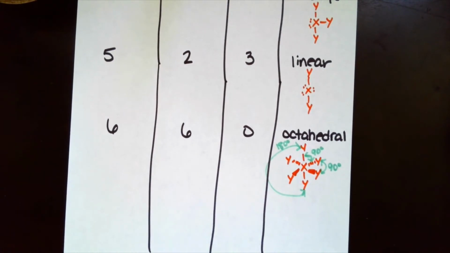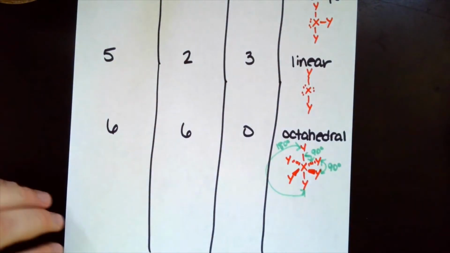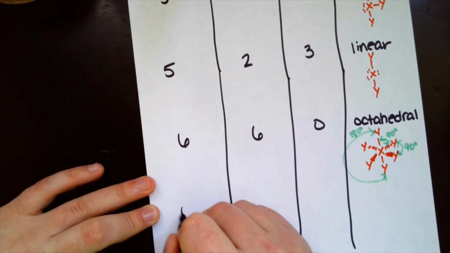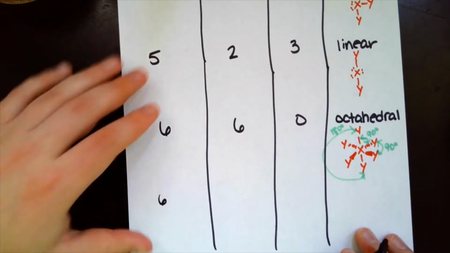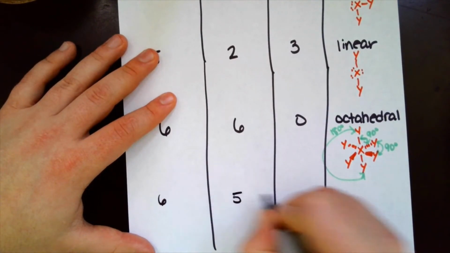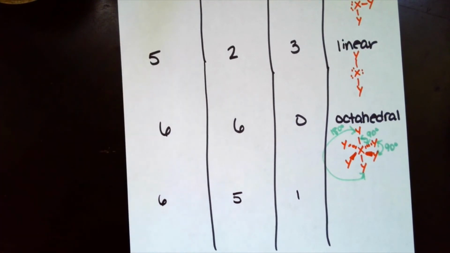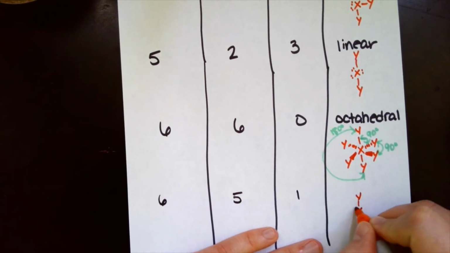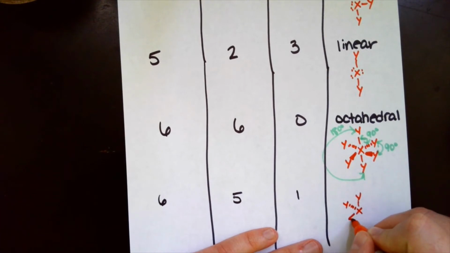Okay. Now, our first derivation from that for 6 domains. I'm going to be close on room on the paper here, but okay. So if we have 5 bonds and 1 lone pair, basically you can just take one of the axial positions and turn it into a lone pair.